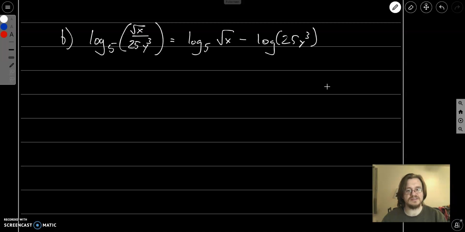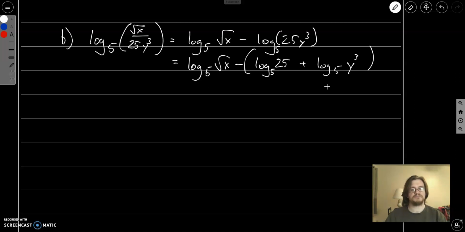And then here we can see, okay, we're multiplying 25 and y cubed. So let's expand that guy as well. So this is going to be minus, and I want big parentheses here, log base 5 of 25 plus log base 5 of y cubed.